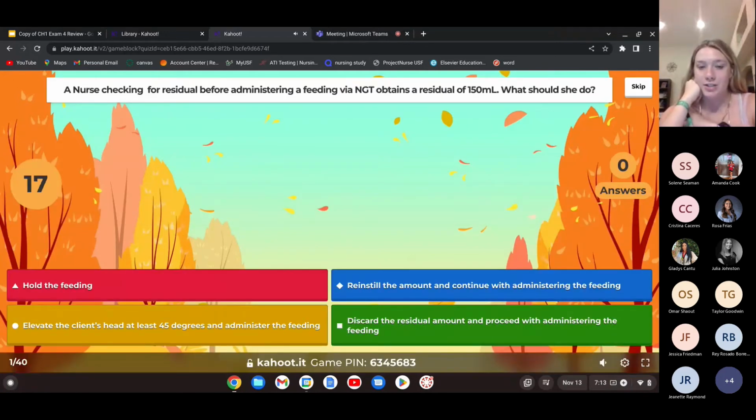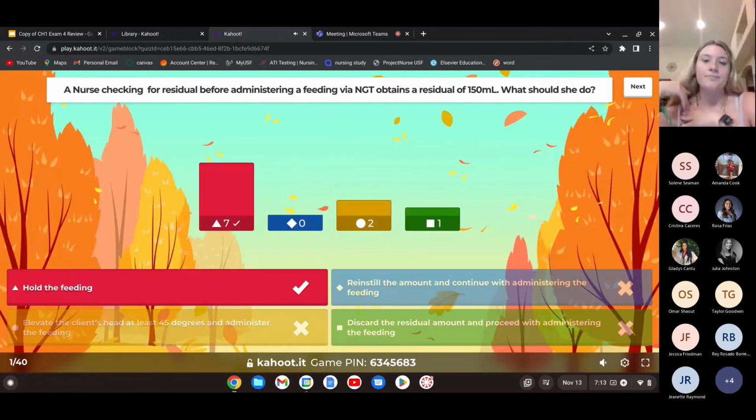What should she do? Should she hold the feeding, reinstill, then administer the new feeding, elevate head of bed and administer feeding, or discard and then proceed?